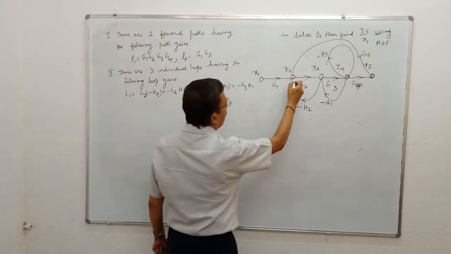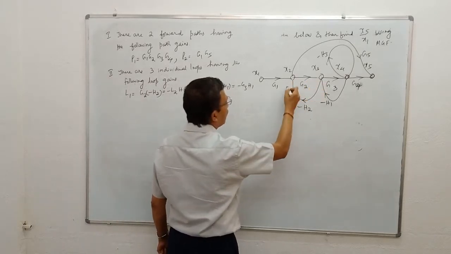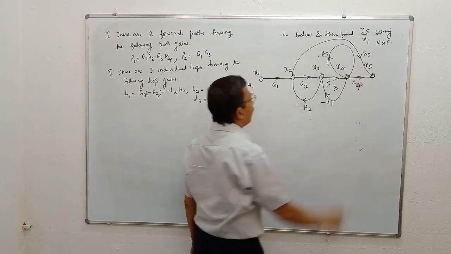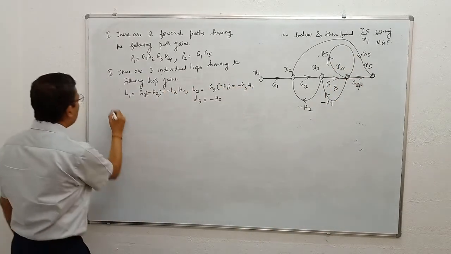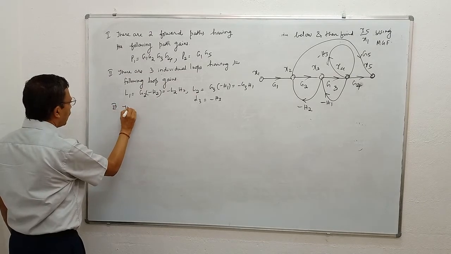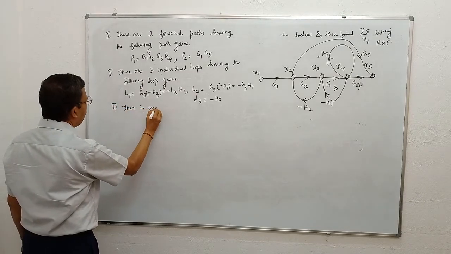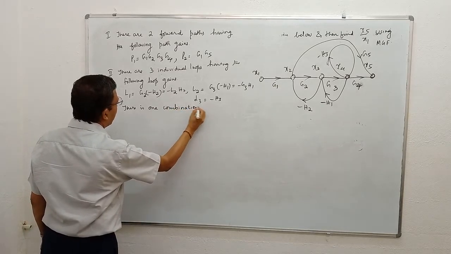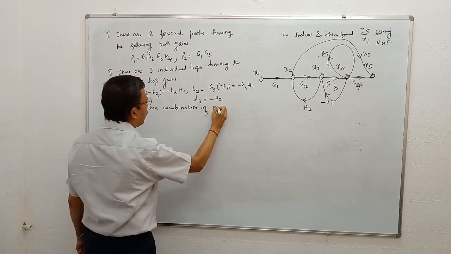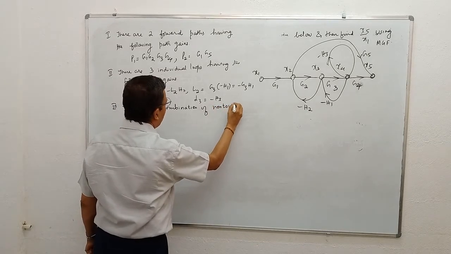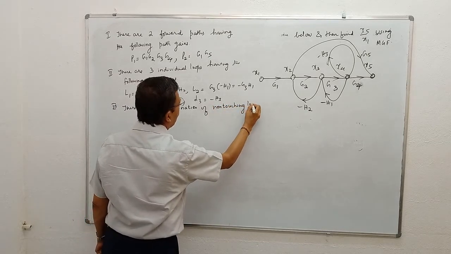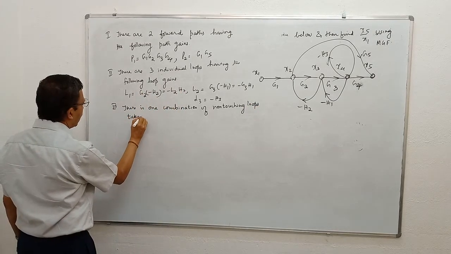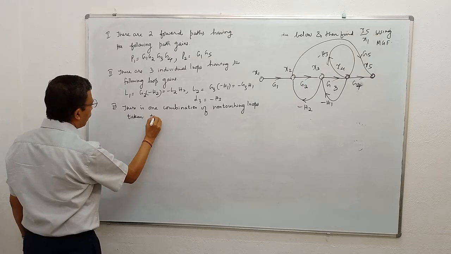See, loop number 1, which is made up of G2 and minus H2, does not touch loop number 3, comprising of minus H3. So there is one combination of non-touching loops taken two at a time.